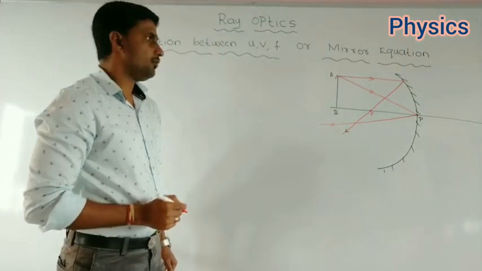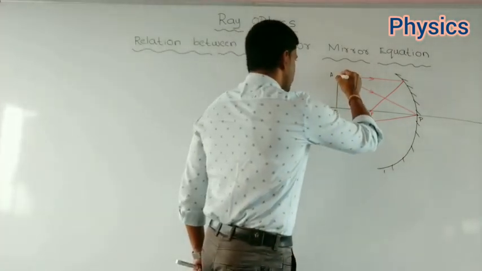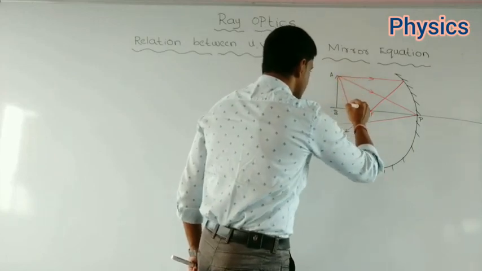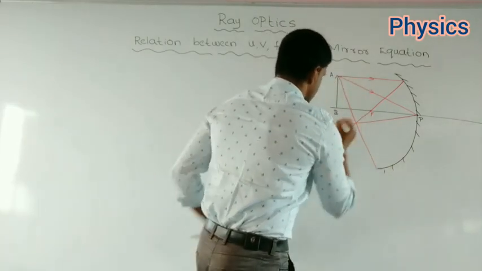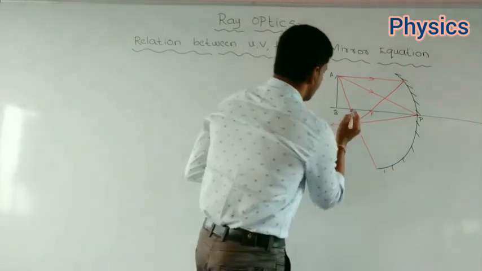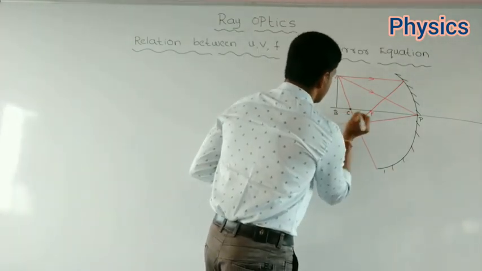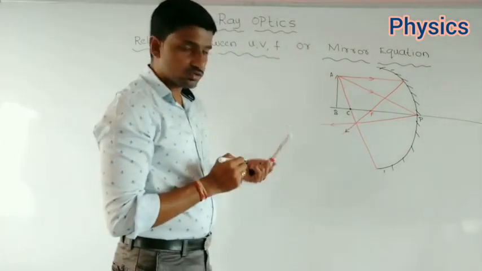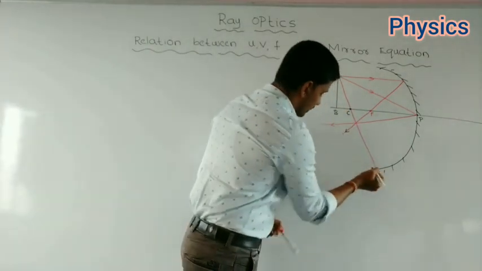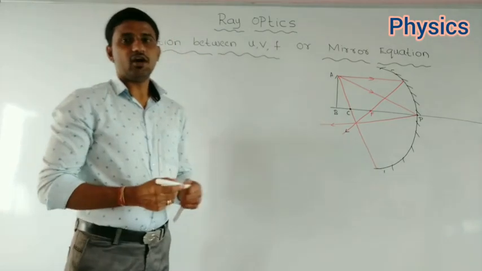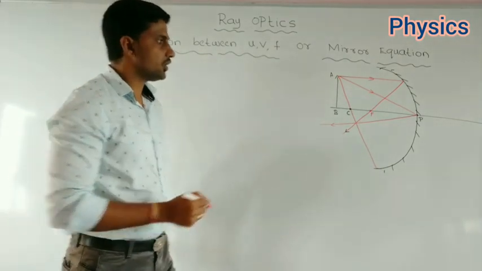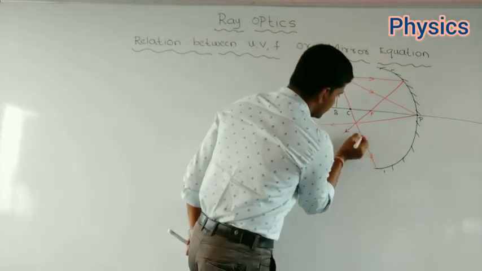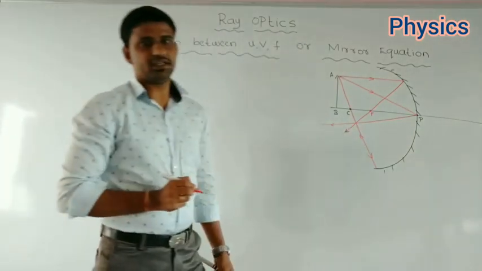And now I am taking the third ray of light which is exactly passing through the center. Assume that here there is the center of the concave mirror. If the ray of light passes through the center of the concave mirror, then it will retrace its path like this.